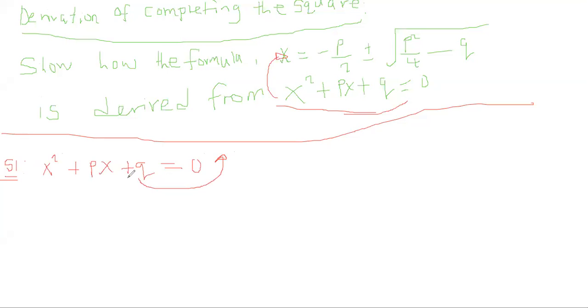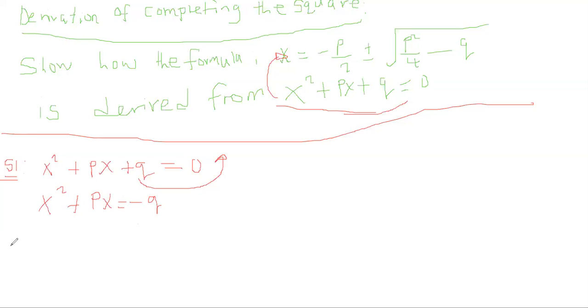It is plus, so when it comes here it will be negative q. So it will be x raised to the power of 2 plus px equals minus q. That's the first thing you need to do.